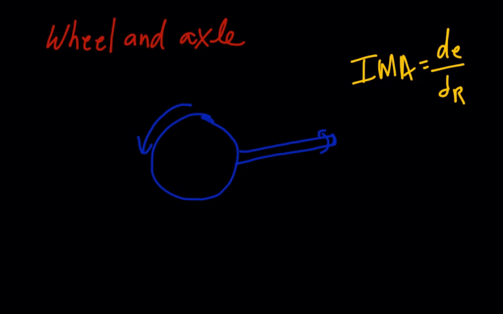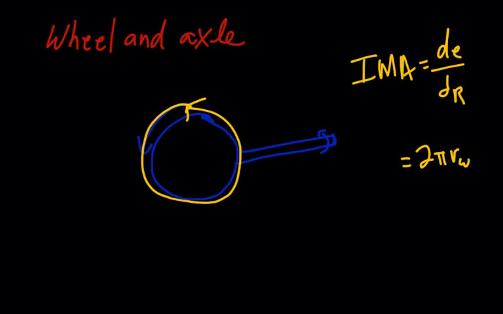I could take the distance I turned this wheel, maybe around one time, which is the circumference, so that would be 2 pi times the radius of the wheel, over the distance that the resistance turns, around one time, which would be 2 pi times the radius of the axle. If we did that, you'll notice 2 pi cancels out. So another way to calculate the IMA of the wheel and axle is the radius of the wheel divided by the radius of the axle.